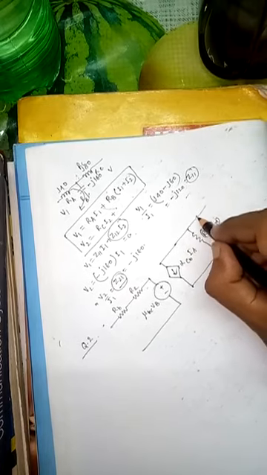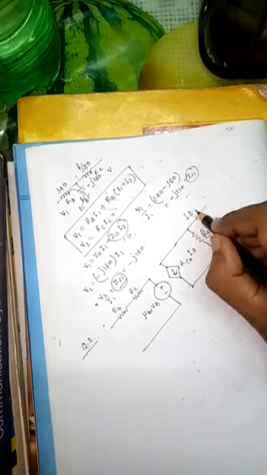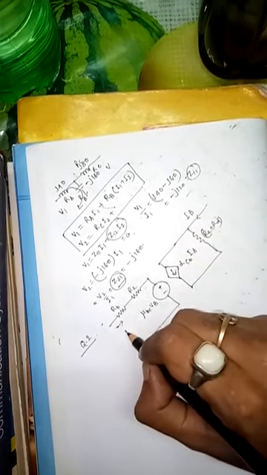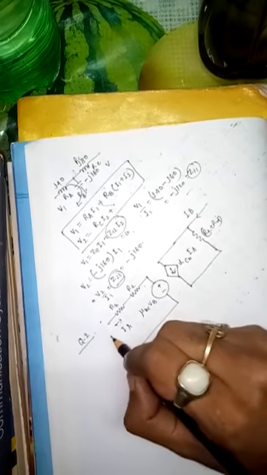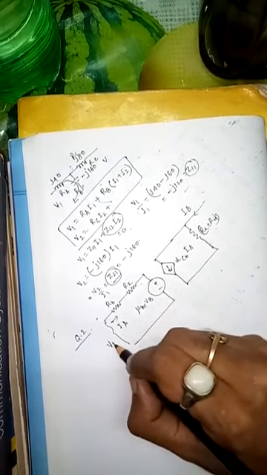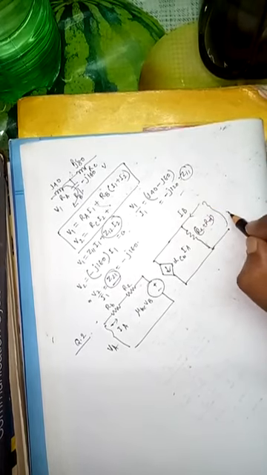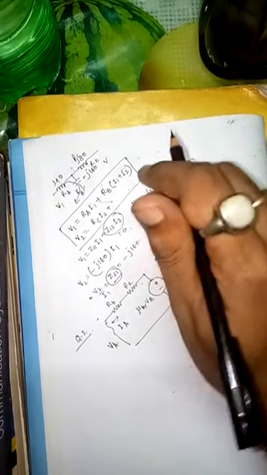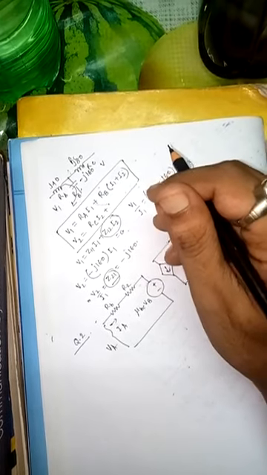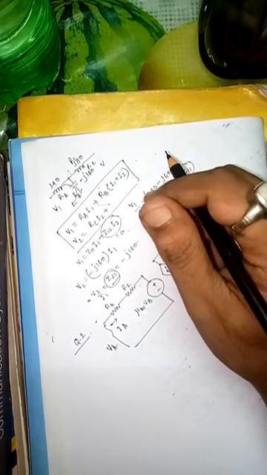This is the route where IB is flowing, and this is the route where IA is flowing. This particular portion the voltage is VA, this portion the voltage is VB. So you have to find the H parameters. Okay, so how to find that?